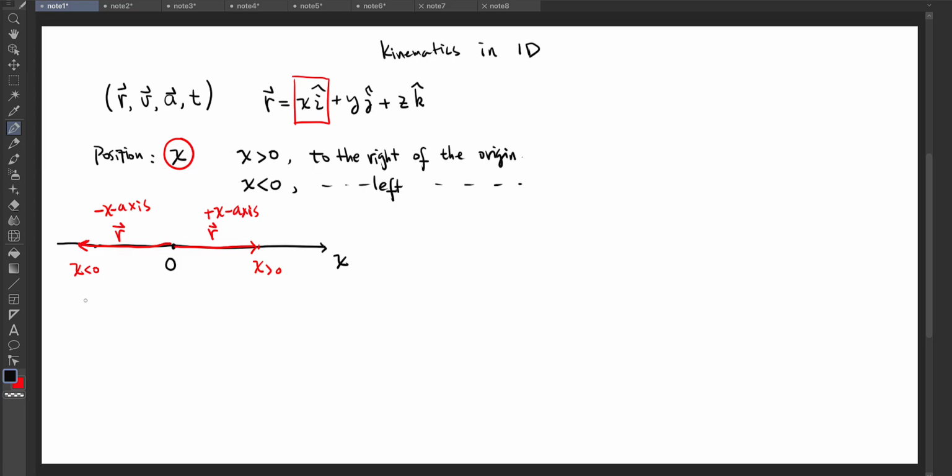And for the velocity, it also simplifies. Let's see the velocity now. Previously it was vx i hat plus vy j hat plus vz k hat. Now we can totally neglect the last two components because there are no such components. The object is along the x-axis. So that's only vx.